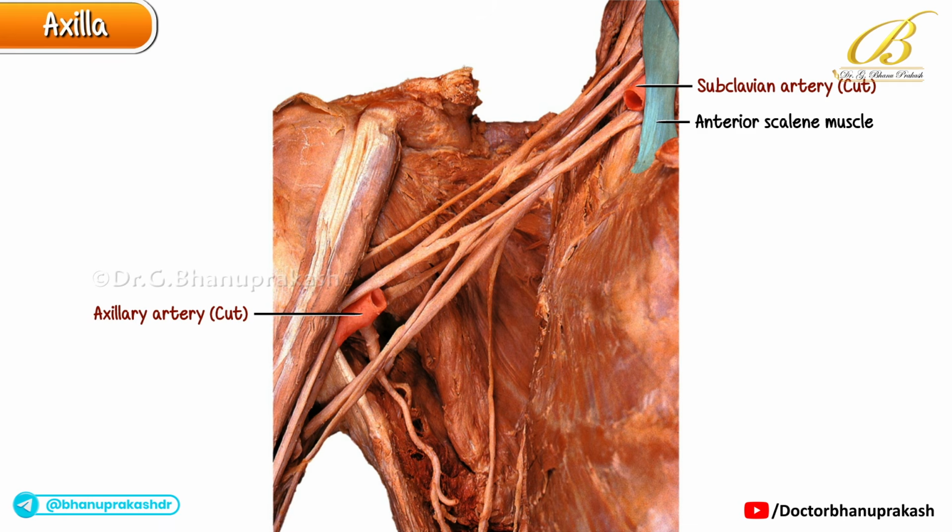The distal cut end is the axillary artery, which continues further as the brachial artery as it enters the arm. Before giving rise to branches in the arm, the axillary artery gives off the subscapular artery, which lies over the subscapularis muscle.